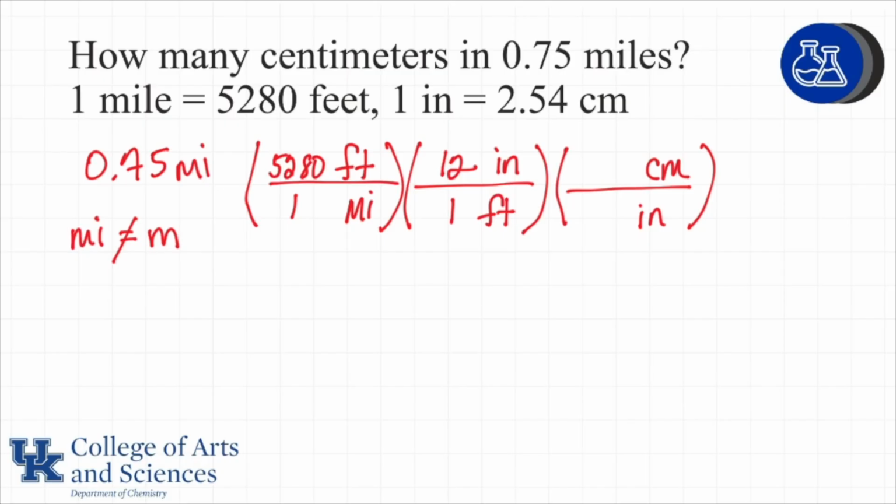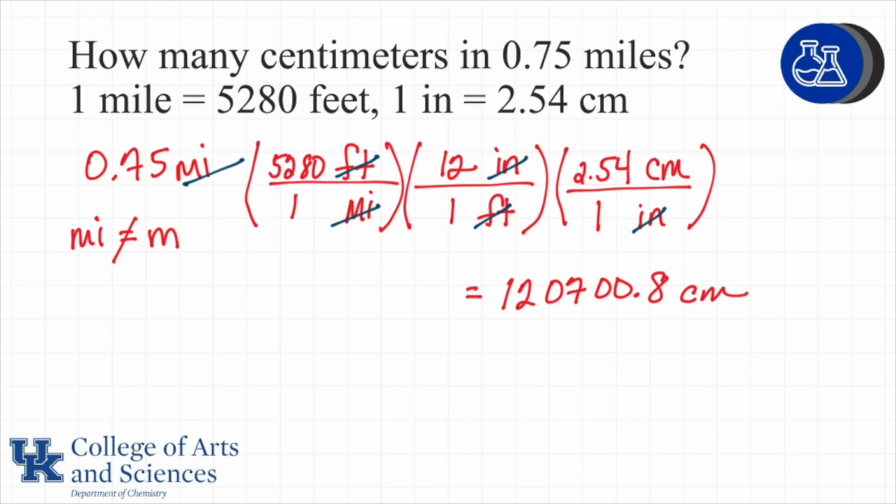So 1 inch is on the bottom to cancel out with the inches in the numerator of the previous step. And I can put in my numbers. 1 inch equals 2.54 centimeters. Now I can look at what cancels out. So miles cancels with miles, feet cancels with feet, inches cancels with inches, and I'm left with centimeters.